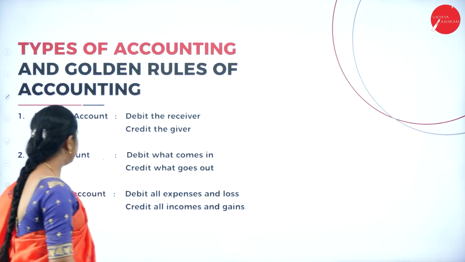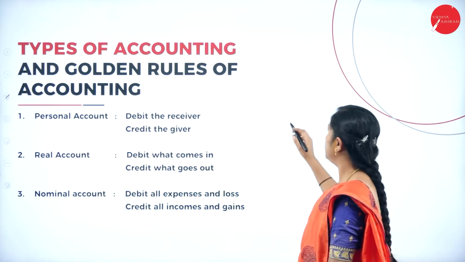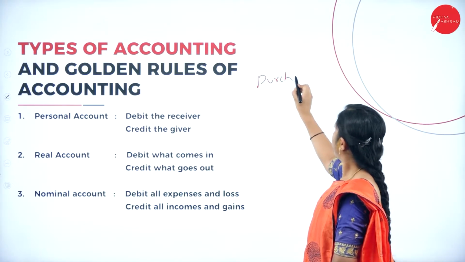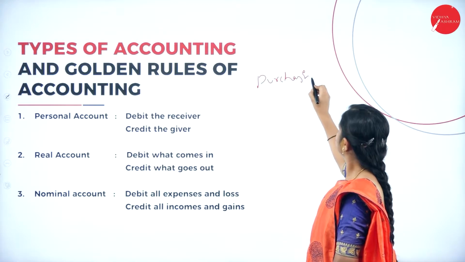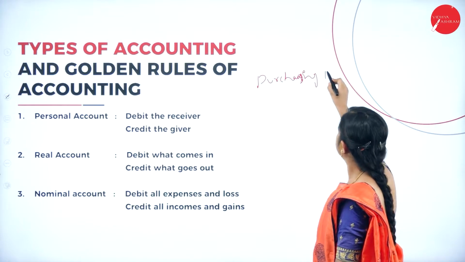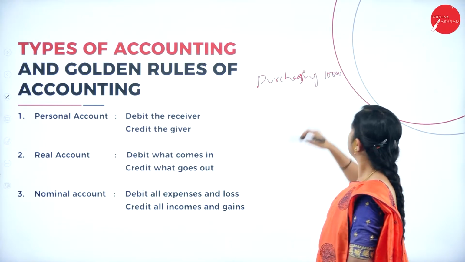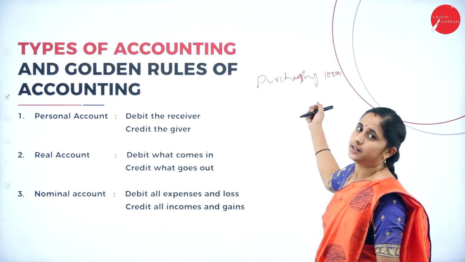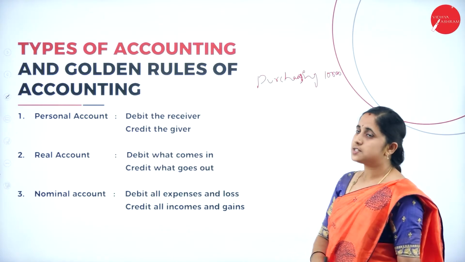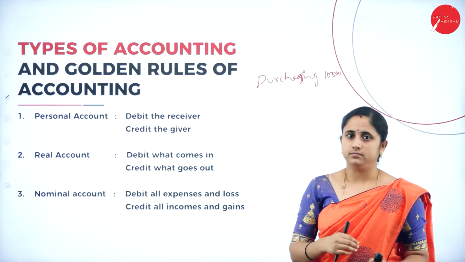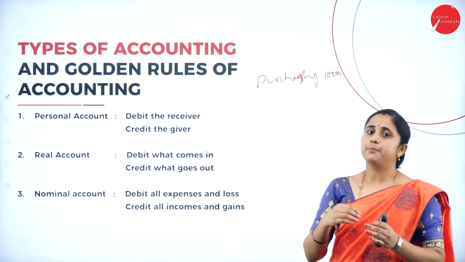Personal accounts, for example, you are purchasing goods for rupees 10,000. That means you are receiving some goods.